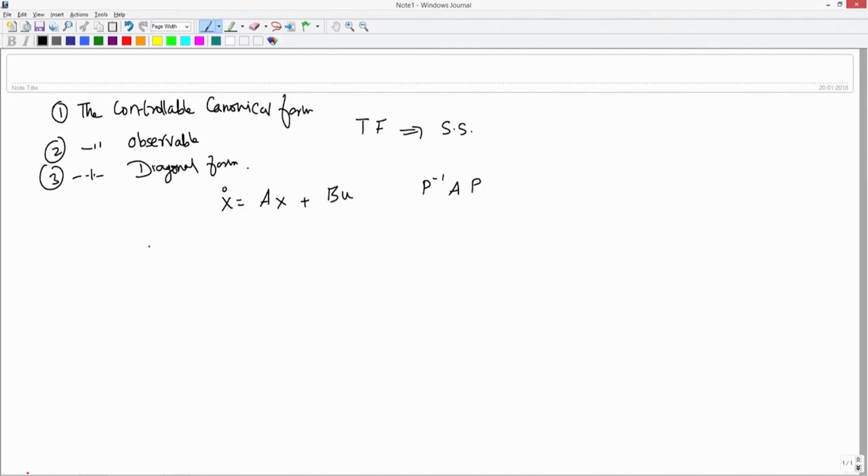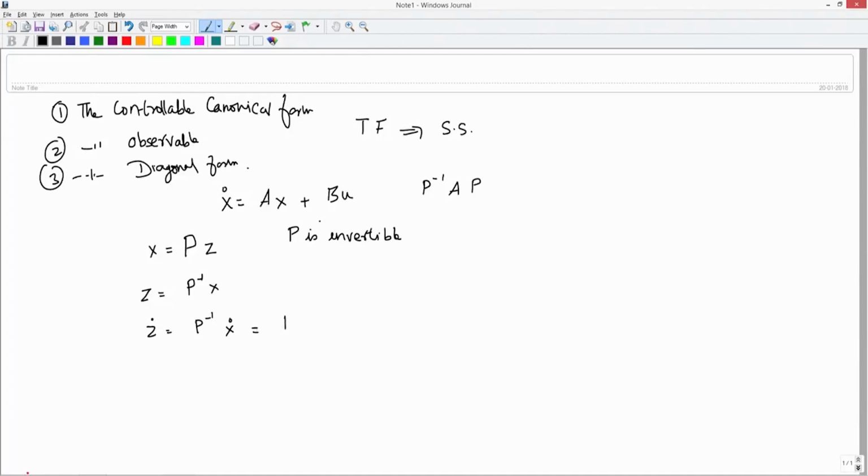So, let us say I start with x, I define a new variable z and say x is related to z via this matrix P. Okay, so this matrix P is invertible. What happens now? If I write this in terms of the z coordinates, I will have z is P inverse times x, which means that z dot is P inverse of x dot.